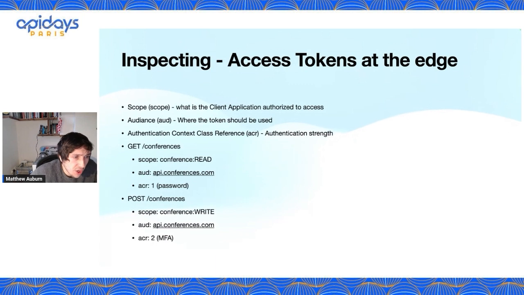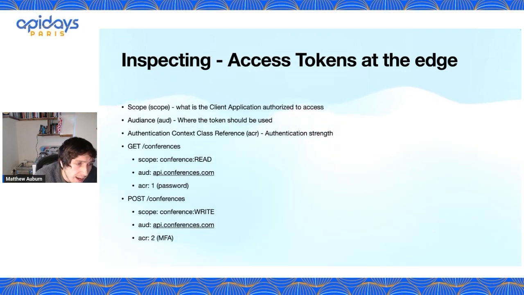So the scope claim is what the client application is authorized to access. And this is not to do with the user, it's very much to do with what the client application is authorized to access. So imagine that we've got two endpoints here. We've got a GET endpoint for conferences and a POST endpoint for conferences.